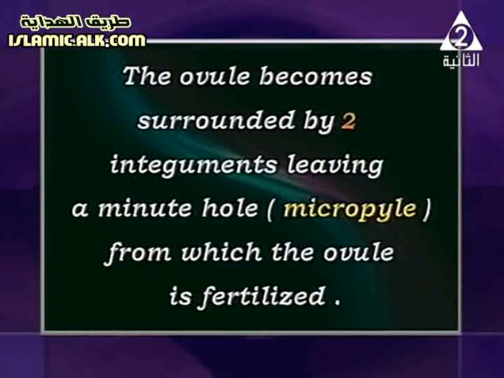It is very important for the pollen grain, the generative nucleus of the male reproductive organ, to reach the ovule. So the integument covers the whole ovule except a minute hole, the micropyle, from which the ovule is fertilized.